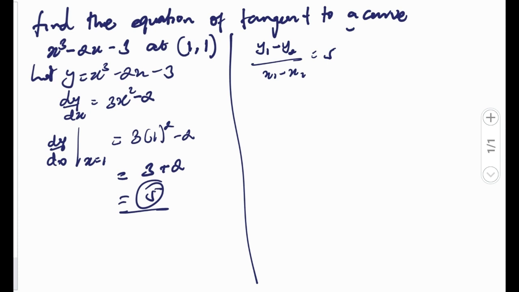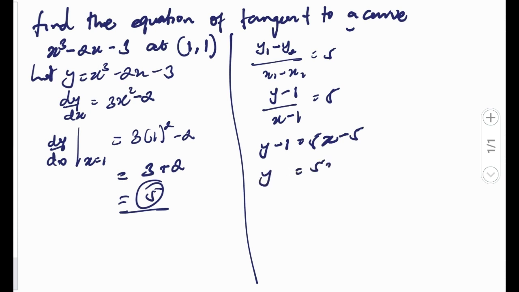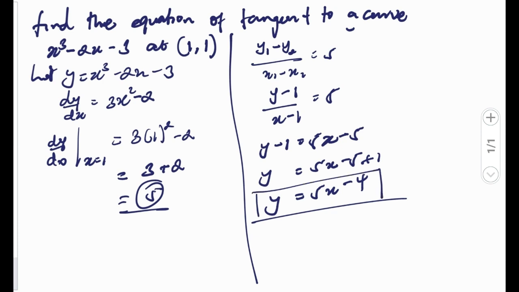In this case, we have y minus 1 all over x minus 1 equal to 5, and therefore y minus 1 is equal to 5x minus 5, and therefore y equals 5x minus 5 plus 1, so y is equal to 5x minus 4, and this would be the equation of the tangent. So this is how it would look like.